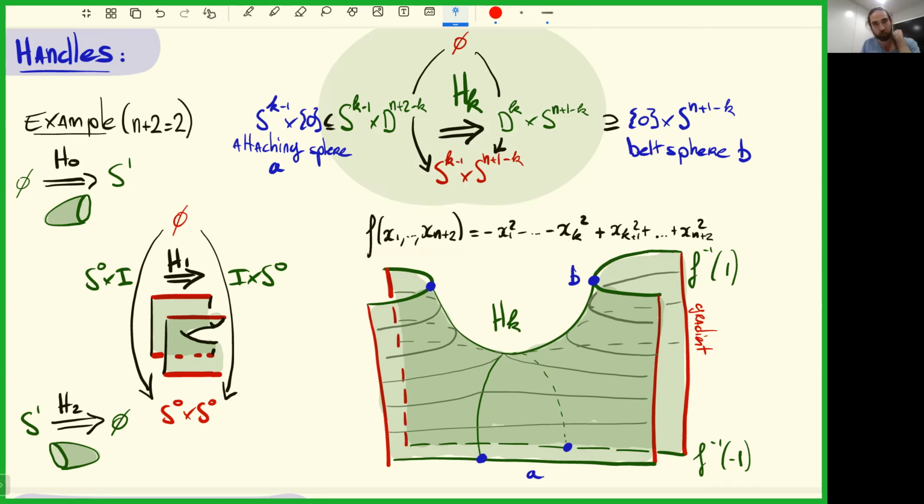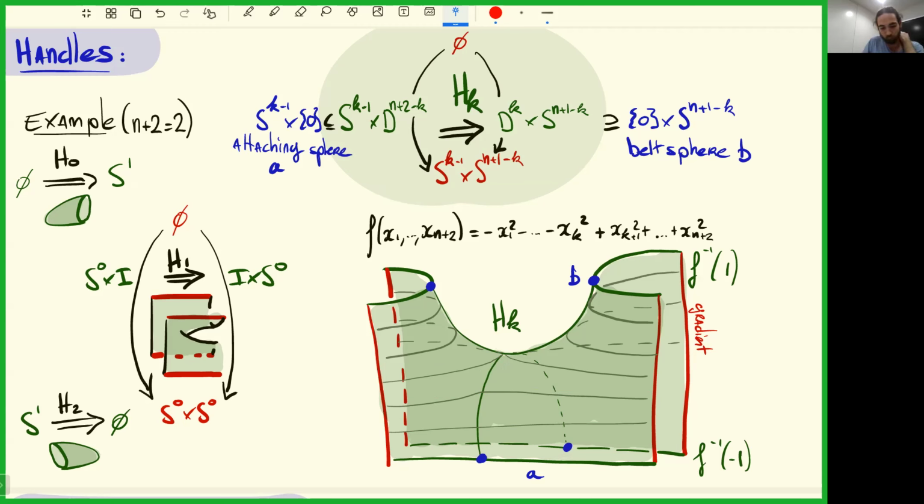It's the usual thing with Morse functions: each level set, f inverse of some fixed value, if you're away from a critical point, doesn't change the manifold when you change this value. These gray lines are level sets of my manifold, and just when you reach a critical point, which is the saddle point here, these level sets will change. Something will happen, and what exactly happens is exactly the handle.